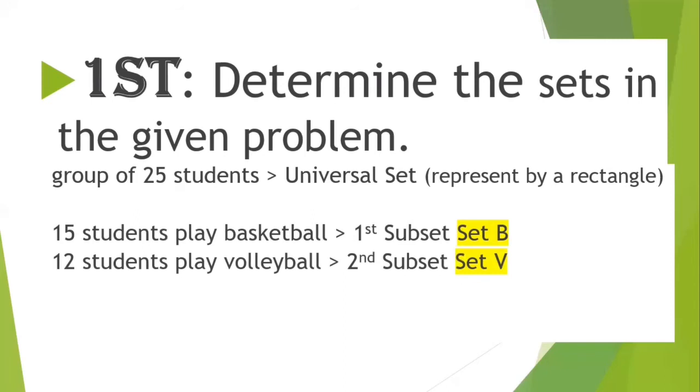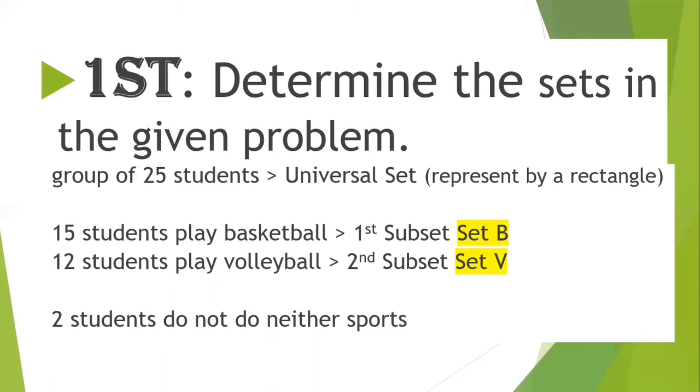Hindi sila naglalaro ng basketball or volleyball. Now, bakit ganito ang ating what will be our Venn diagram? Di ba kanina, mayroon daw naglalaro ng volleyball at ng basketball? Ibig sabihin, pag may naglalaro ng basketball at naglalaro din siya ng volleyball, ibig sabihin, nandun siya sa intersection.